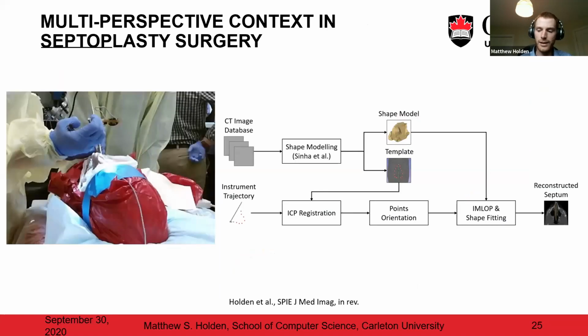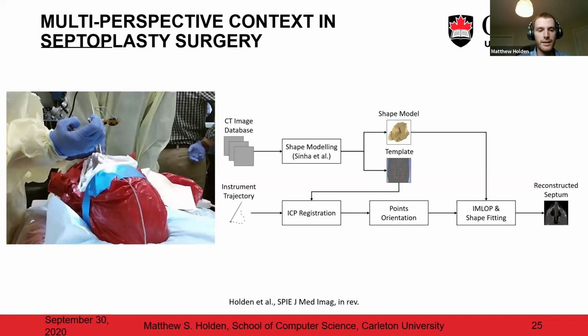So one application where we're working on this problem is in septoplasty surgery. So effectively, what we want to do is, based on the actions or activities performed in the septoplasty surgery, come up with a model of our septum.